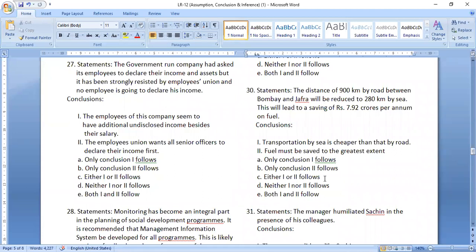So I think it's conclusion two, because we cannot say the first conclusion follows. Here transportation by road has more distance and hence is costlier than sea. But if we compare the same distance by sea and road, we don't know the answer. Absolutely, very good. So the only thing that we can conclude for sure is option B.